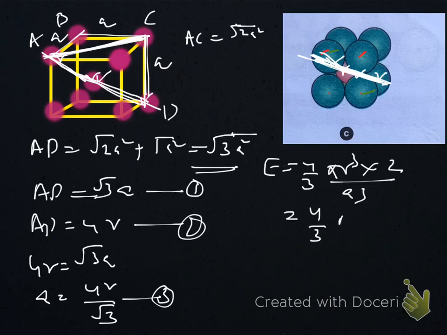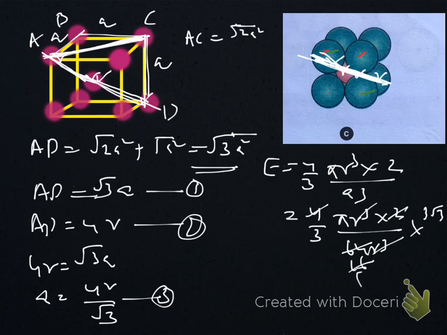Then 4 by 3 pi r cube into 2 divided by a cube means 4r by root 3 cube, 64r cube by 3 root 3. r cube cancelled, 4 and 64 gives 16, 16 and 2 it is 8, 3 and 3 cancelled, and remaining is root 3 pi by 8.